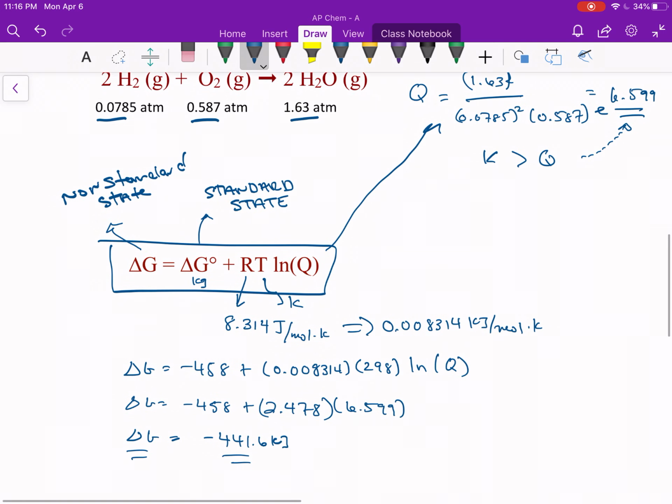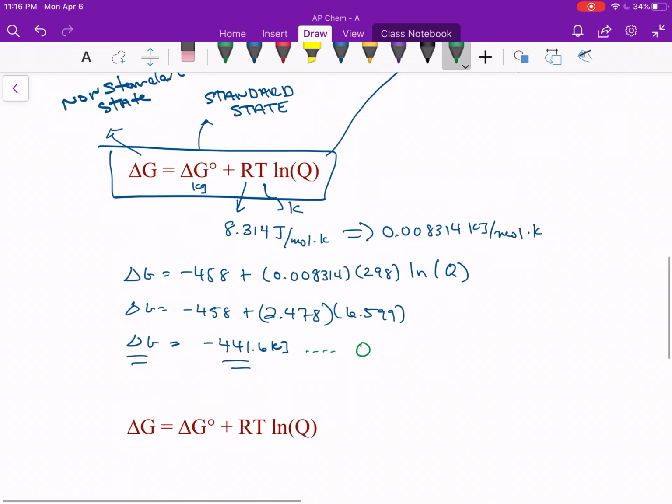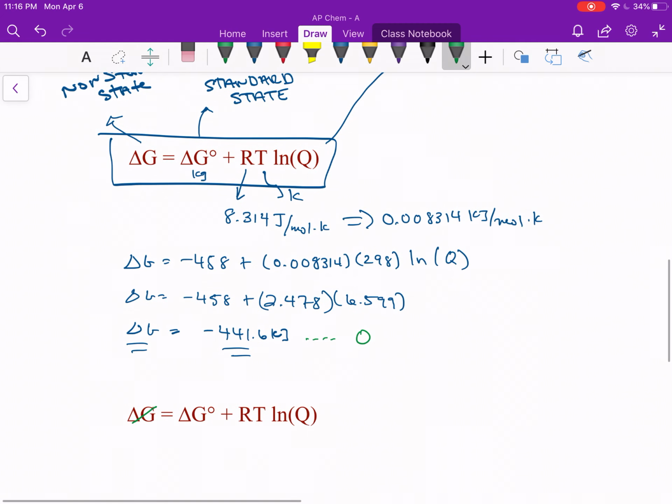We know eventually that this value will get down to 0, because delta G will be 0. If this goes down to 0, we know at that particular time we are at equilibrium.